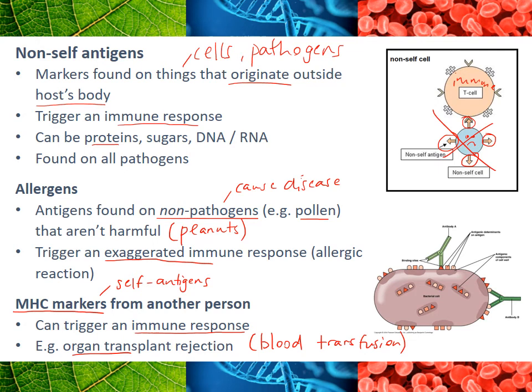That can actually make them really, really sick because their body is identifying the MHC markers from the donor's cells as being foreign and launching a response as they would for a pathogen. So this is why if anyone's ever donated blood, they test what type of blood you have, what type of markers you have, to make sure they don't go into a person that has a different type of marker, because their body will reject that.